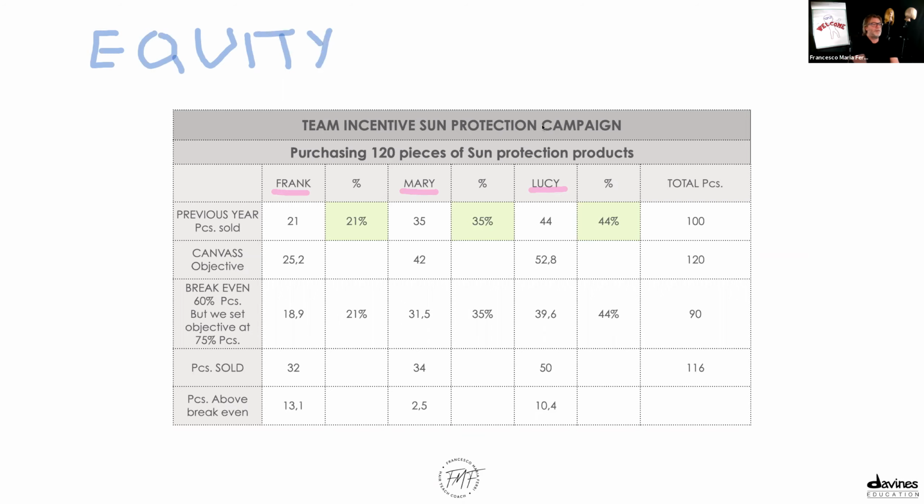So what's going to happen is, last year, as a team, we bought some protection products and we sold 100 pieces. Clear?